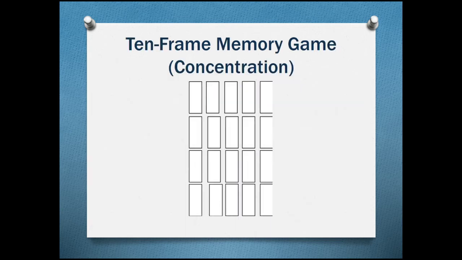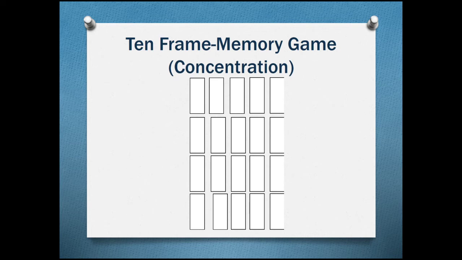Well, the first game is 10-frame memory, which is like a game called concentration that many teachers are already familiar with. The children start the game by spreading out the cards face down in some kind of a pattern. The way the game is played is that players take turns.